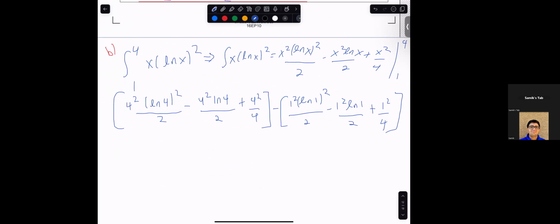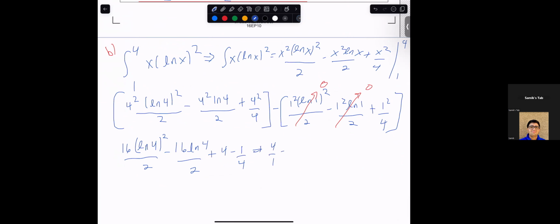So this is 16 ln 4 squared upon 2 minus 16 ln 4 upon 2 plus 16 by 4 is 4, minus, and this ln 1 is always 0. So this cancels and becomes 0, these both. So we have minus 1 by 4. So 4 minus 1 by 4. 16 minus 1, 15 by 4.